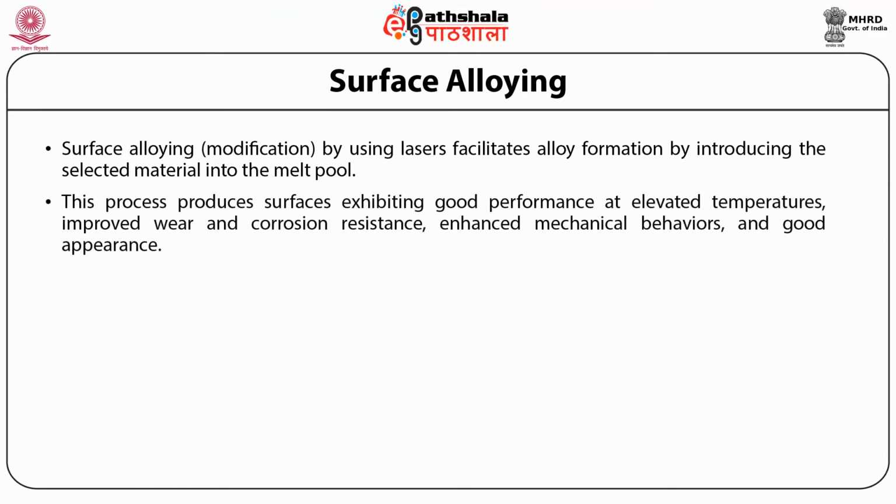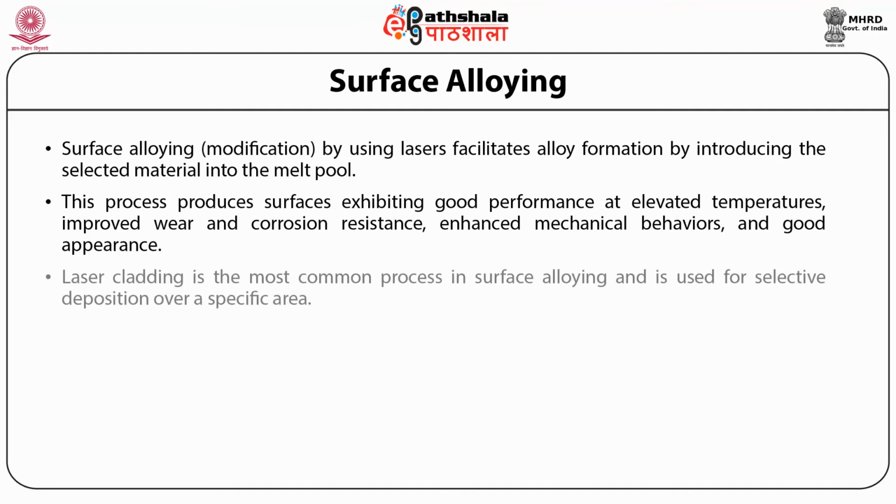This process produces surfaces exhibiting good performance at elevated temperatures, improved wear, and corrosion resistance, enhanced mechanical behaviors, and good appearance. Laser cladding is the most common process in surface alloying. Laser cladding is used for selective deposition over a specific area.